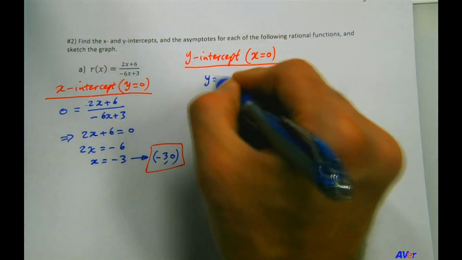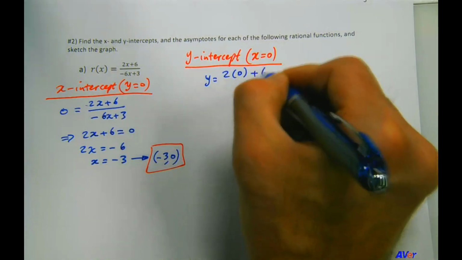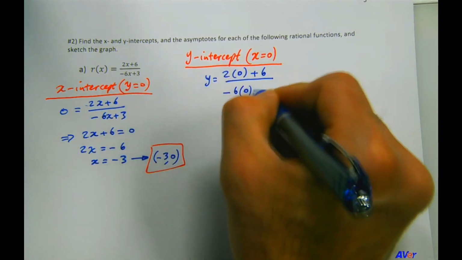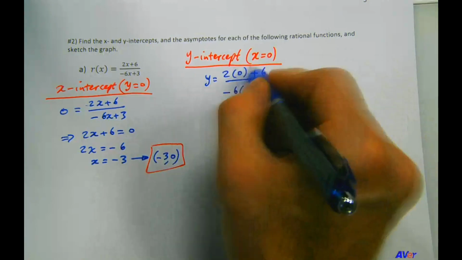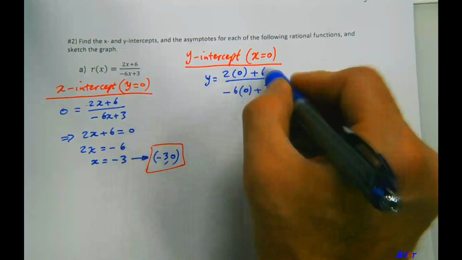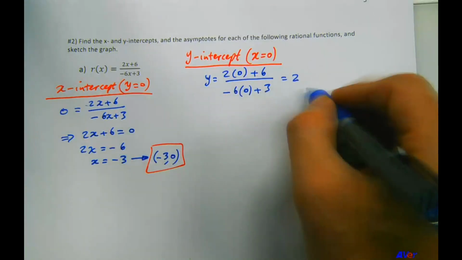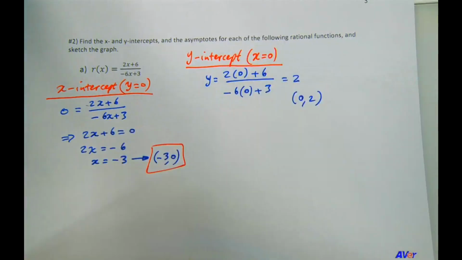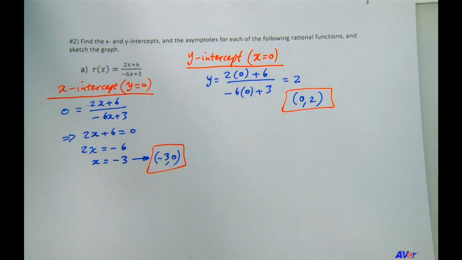So y equals 2 times 0 plus 6 divided by minus 6 times 0 plus 3. And so that'll be 0 and that'll be 0. So 6 over 3, it'll be 2. So the y-intercept would be at 0 comma 2. Right? That's the y value, 0 comma 2.